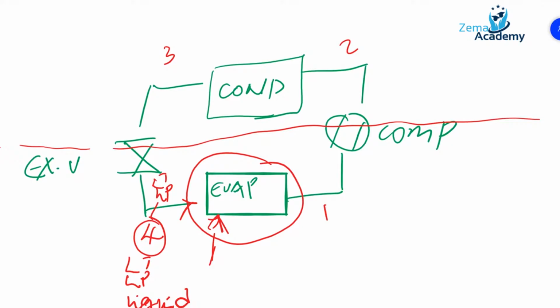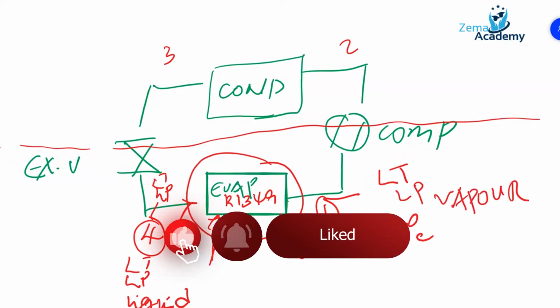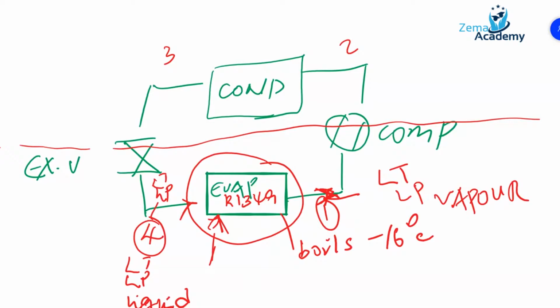For instance, if we take R134A as an example of a refrigerant, it boils at minus 16 degrees C. So that low temperature and low pressure liquid gets boiled, and when it comes out at point 1, we have low temperature and low pressure vapor.